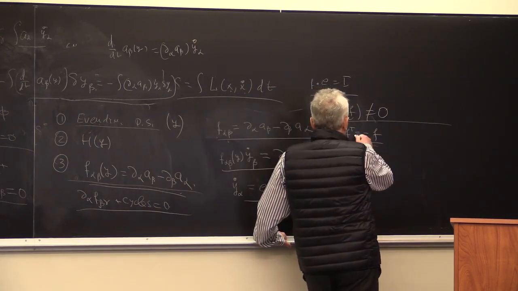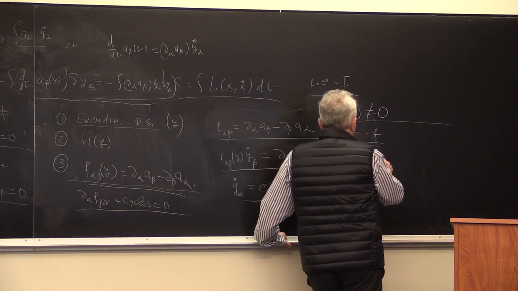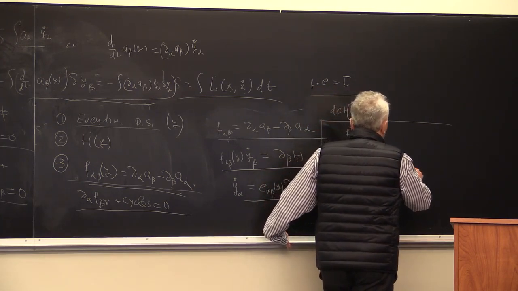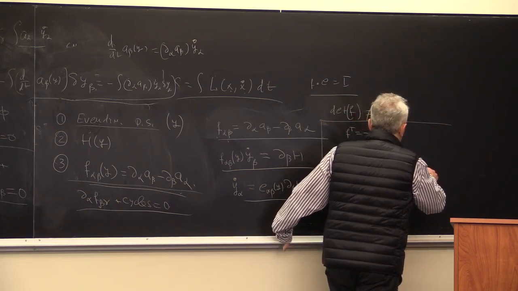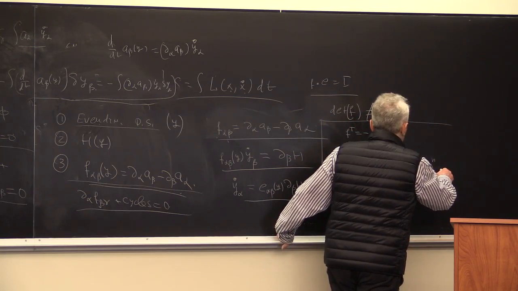The proof is that you take the determinant of this relation. It's the same as the determinant of F, and it's the same as (-1) to the power of the number of dimensions.